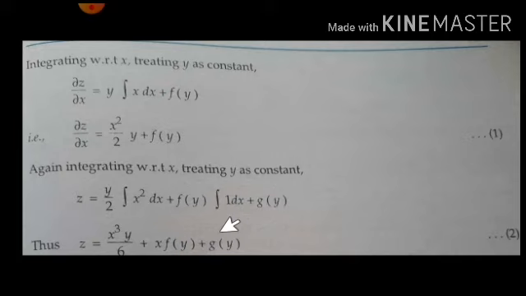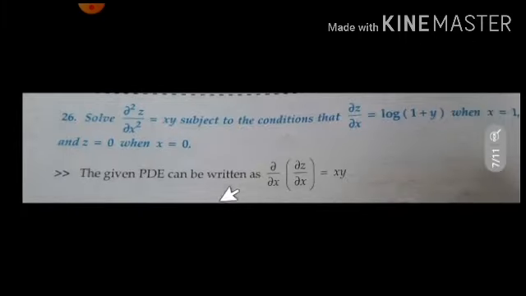Now to find the constants of integration, f(y) and g(y), they have given some conditions that we need to apply. The value of ∂z/∂x is given when x is 1.